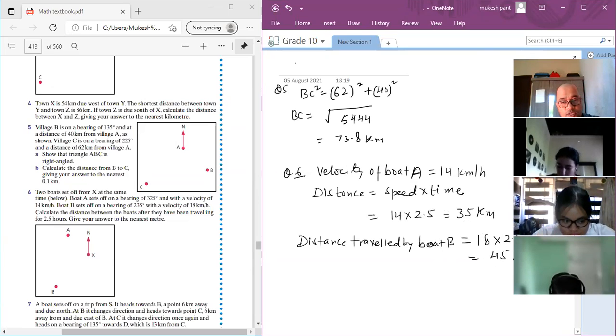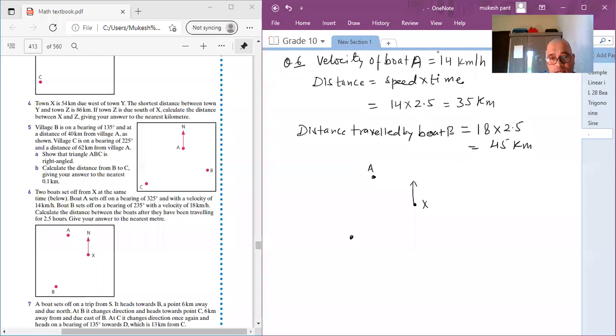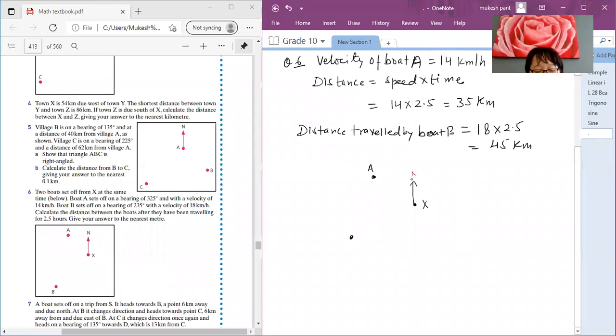Now we can make a diagram and show the location of boat A as well as B. X, this is north. Join this.